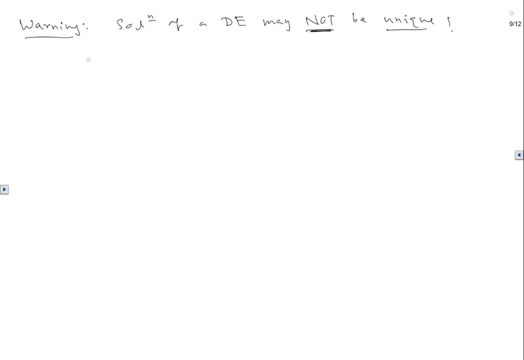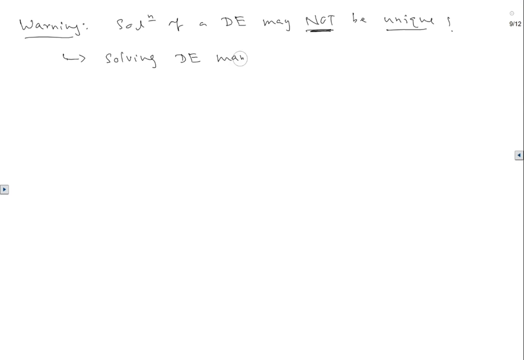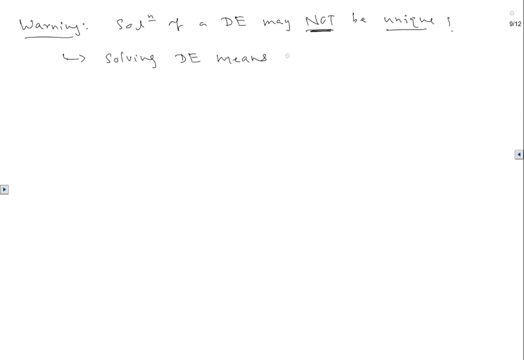So solving a differential equation means to find all the solutions.